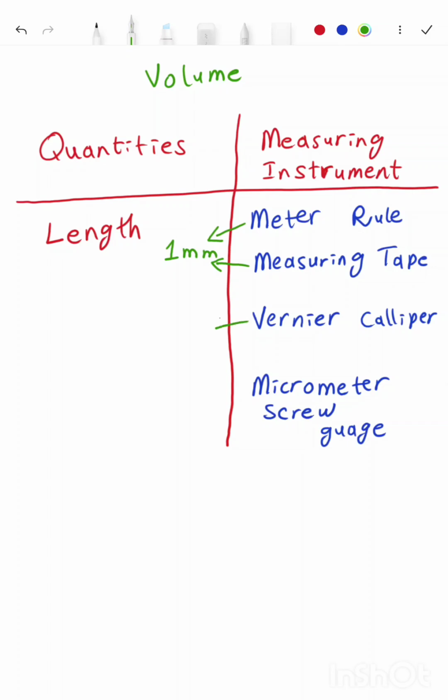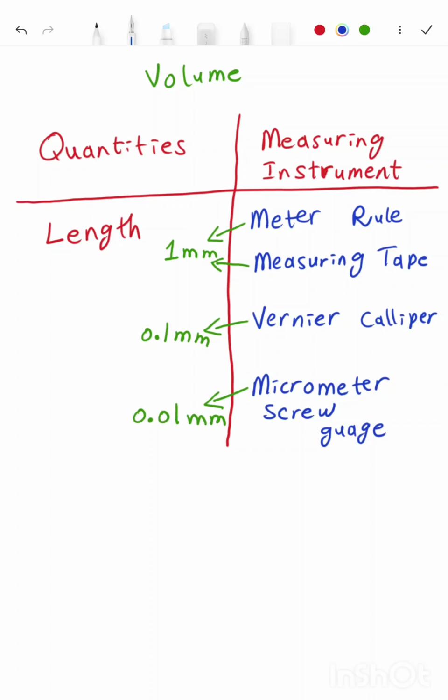If we talk about the vernier caliper, it has more accuracy than a meter rule. It can measure the length accurately to 0.1 millimeter. And talking about the micrometer screw gauge, it has an accuracy of 0.01 millimeter.